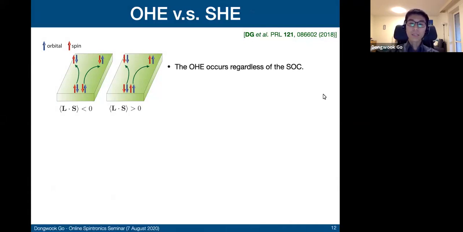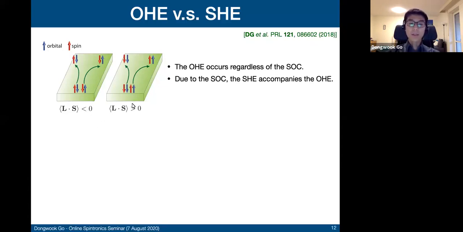First of all, we saw that the previous mechanism, the orbital texture mechanism, doesn't depend on the spin-orbit coupling. So the orbital Hall effect occurs independent of the spin-orbit coupling. The role of the spin-orbit coupling is to arrange the spin moment relative to the orbital moment in the following way. It depends on the correlation between L and S, and it depends on the material.